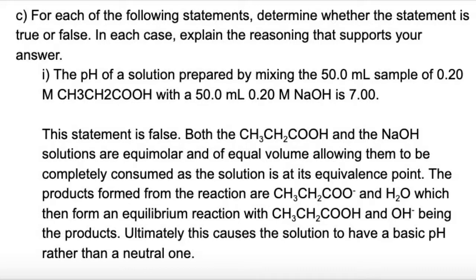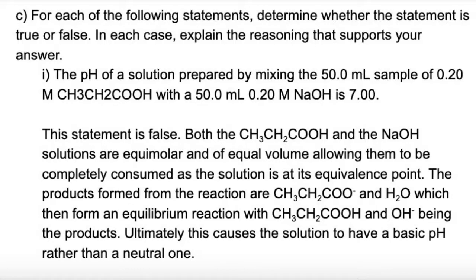So after examination, I found that the statement is false. Both the CH3CH2COOH and the NaOH solutions are equimolar and of equal volume to each other, allowing them to be completely consumed as the solution has reached its equivalence point at the time of the mixture.